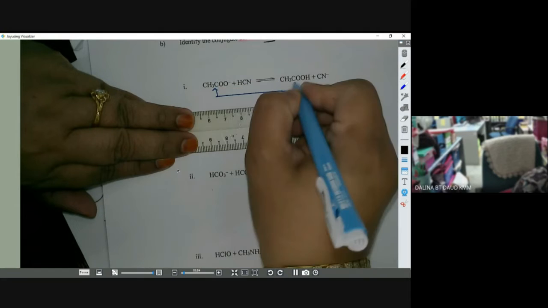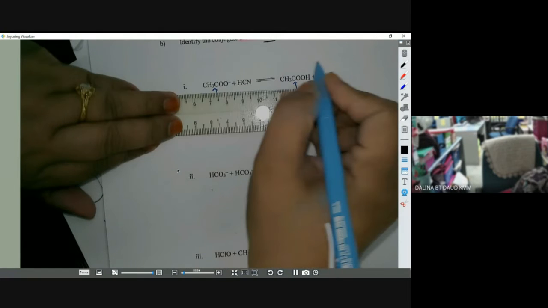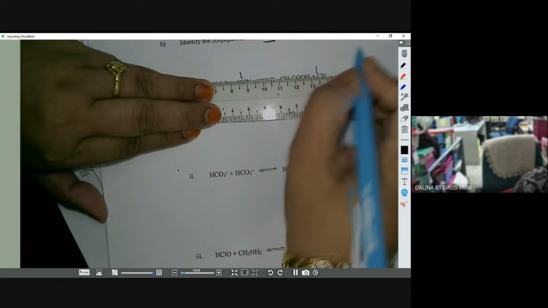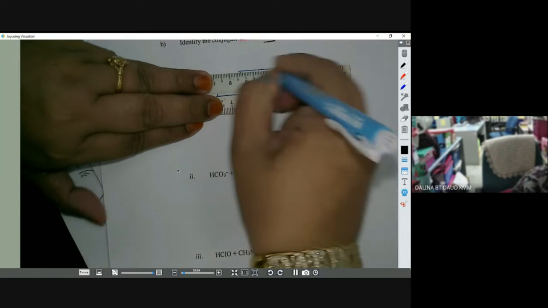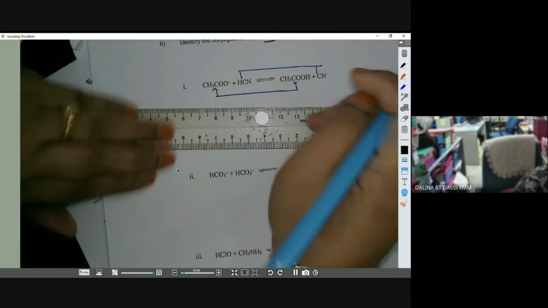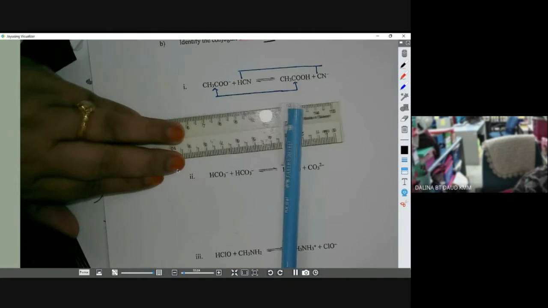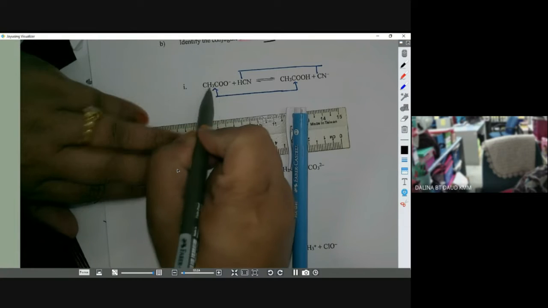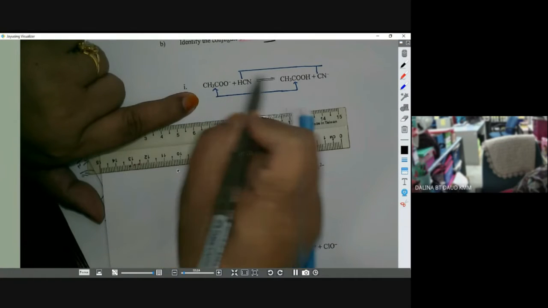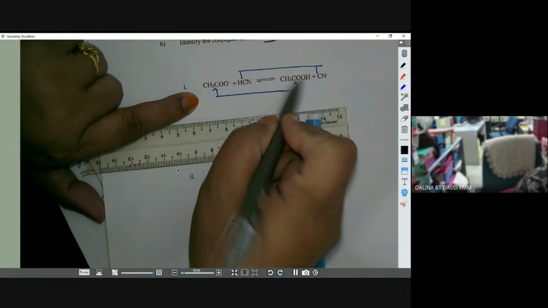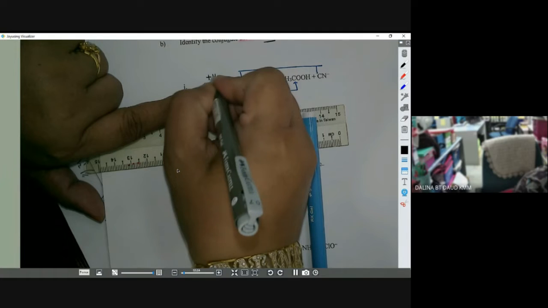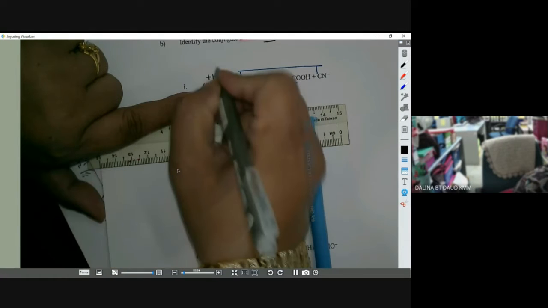So, yang ini automatic lah pasangan yang ke atas ni. Okay. So, kalau kita define ini, this species accepts H plus. So, ini terima H plus ialah base.